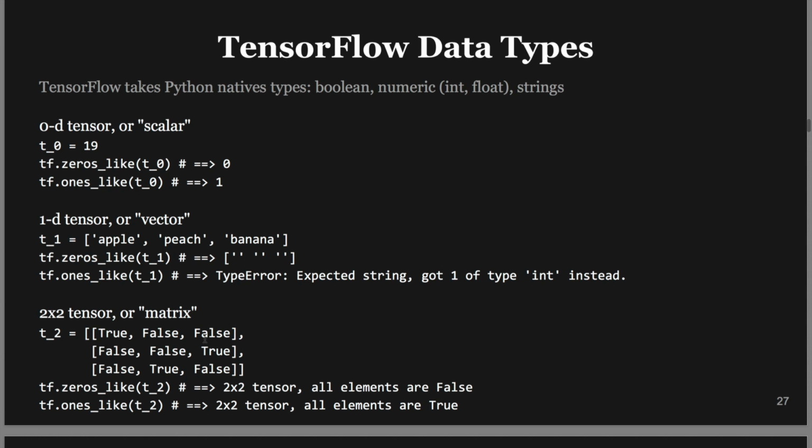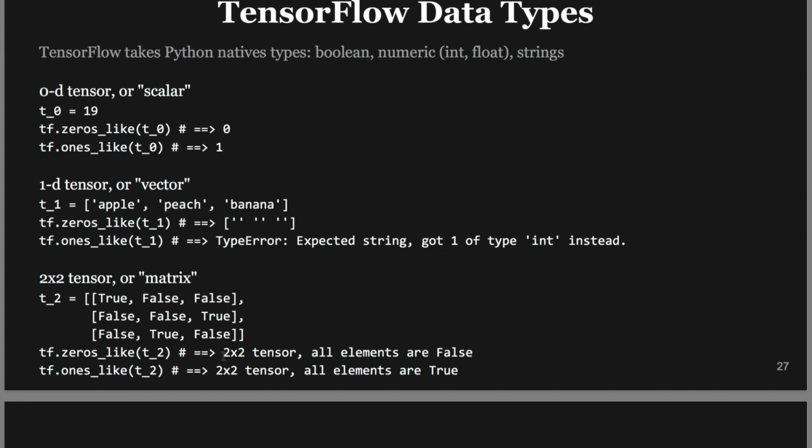As far as Booleans are concerned, if you have a matrix, the way it is defined out here, then the zeros are well understood. 2 by 2 tensors, because the shape out here is, actually it's going to be 3 by 3. Yeah, so it has to be a 3 by 3 tensor, and all elements are going to be false, and for ones, it's going to be a 3 by 3 tensor with all elements true.